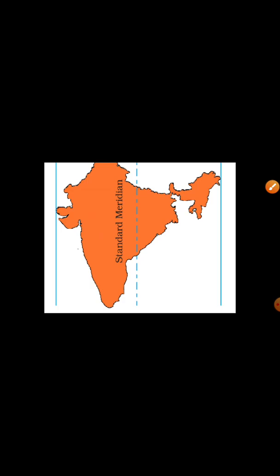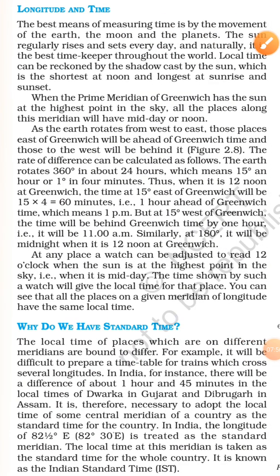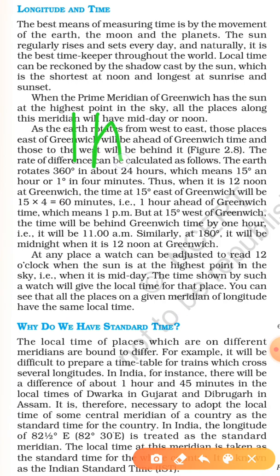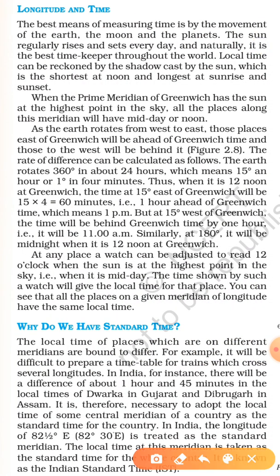See friends, you can see here, this is our map of India. Now I will tell you what are longitude and time. Okay, so 1 hour is measured as 15 degrees. You also know that our earth rotates around the sun, and it takes 360 degrees.